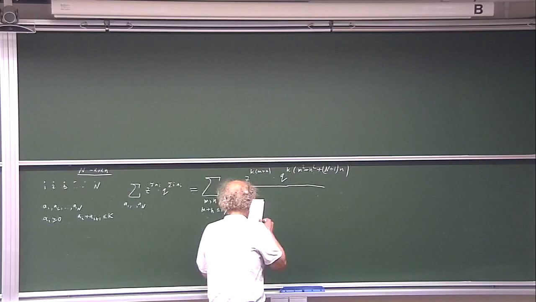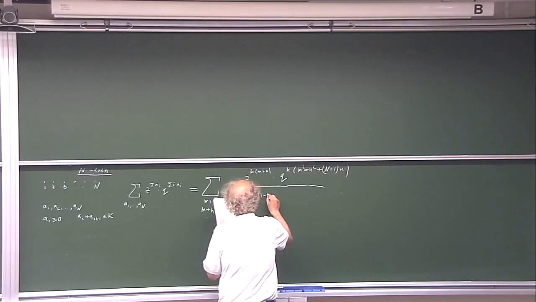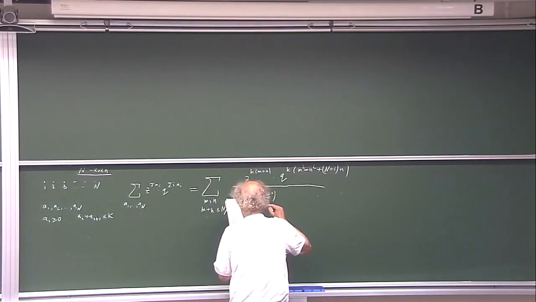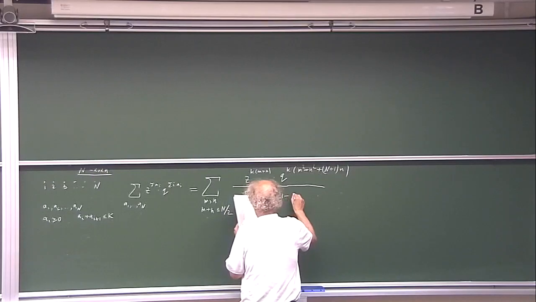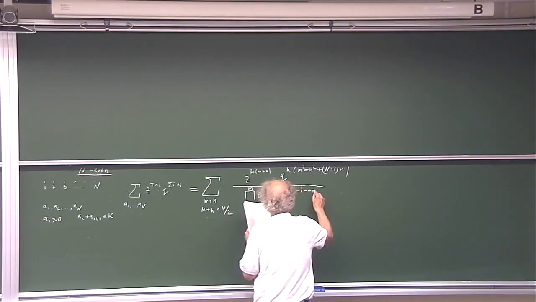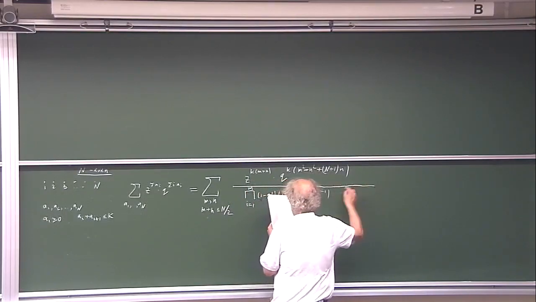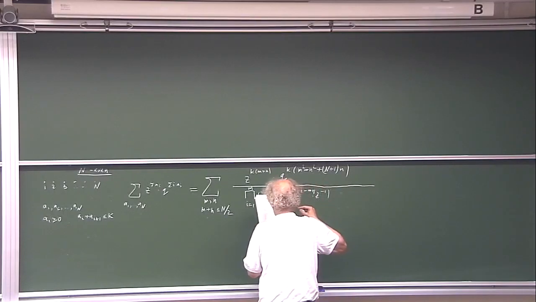And downstairs we have some factor. This factor is the product, I equal 1 to m, 1 minus q to the I, and 1 minus q to the minus I, minus here m plus 1, and here we have that inverse. And it is not all.